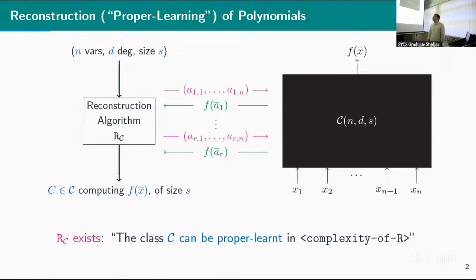So the thing is, we have proper learning algorithms for sparse polynomials and for ROABPs in some contexts. But at this moment, I don't think there is anything where we can do it properly. We can do something in an improper way, but proper is not known.